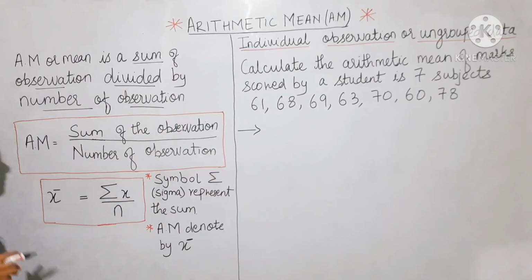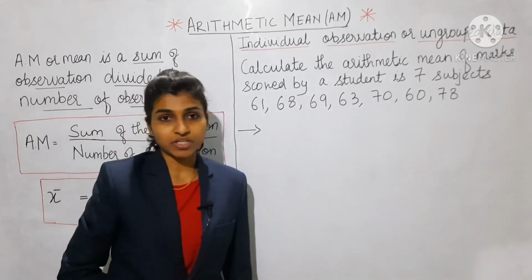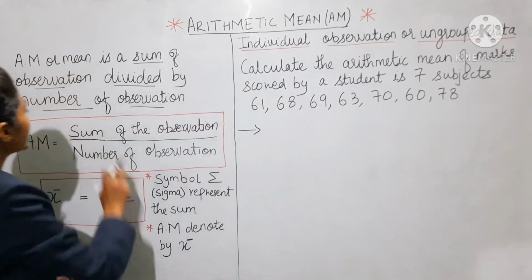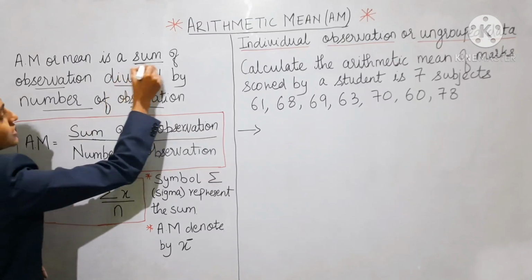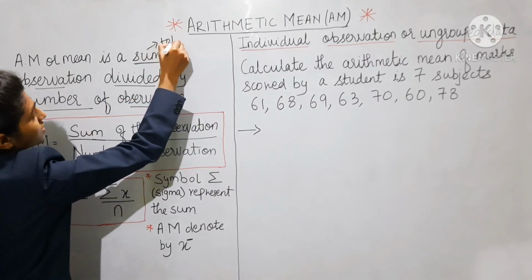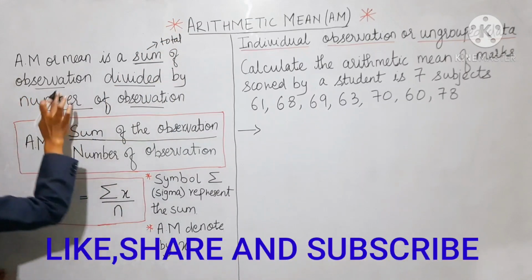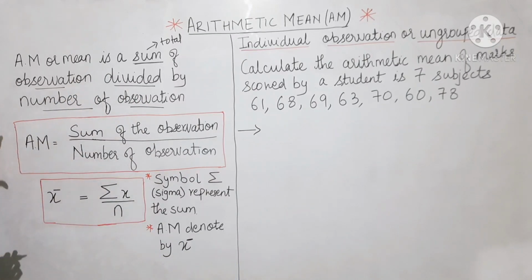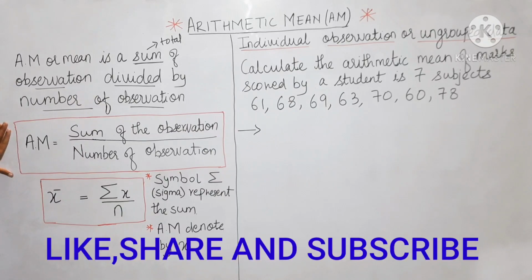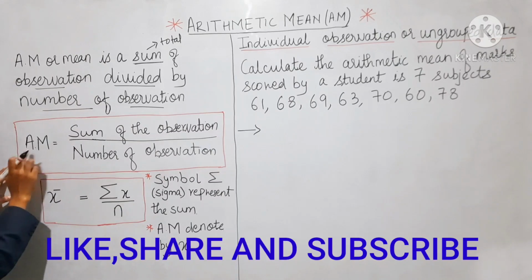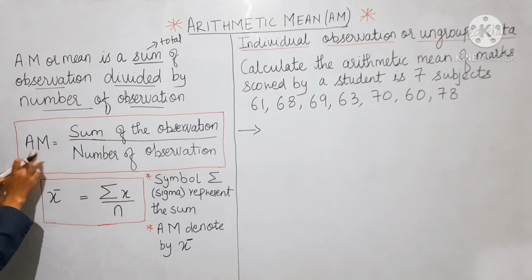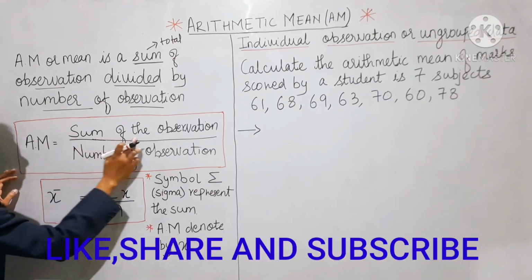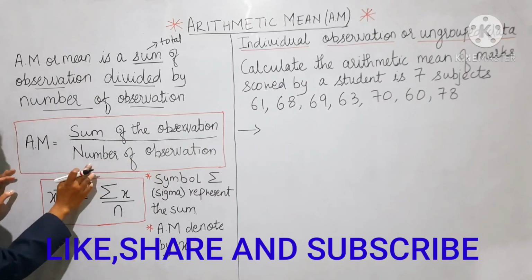Sum means the total of observation. If we put this definition into formula, the formula to calculate arithmetic mean, AM, is equal to sum of the observation divided by number of observation.